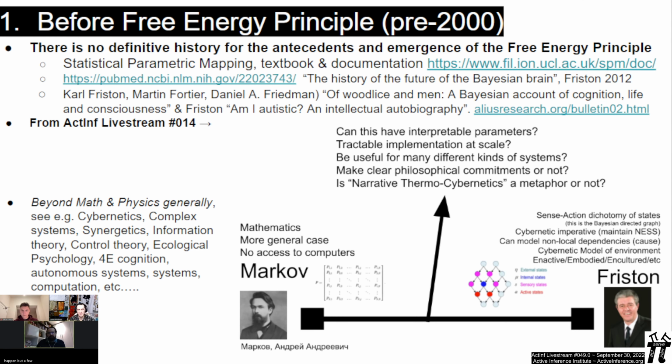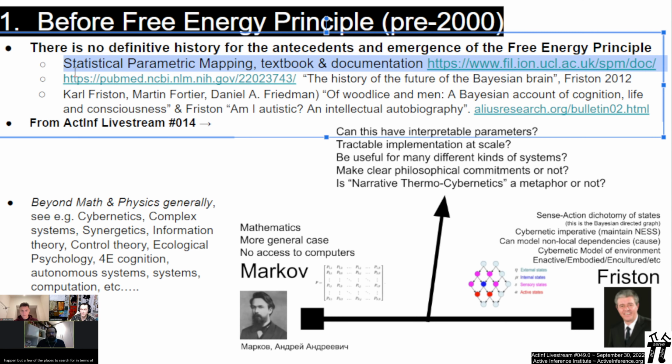But a few of the places to search for in terms of the personal history of key contributors, and also places where peripheral contributions and important foundational precursors are described. Some places to look include the statistical parametric mapping textbook and documentation, and the decades of research that went into the neuroimaging work on SPM, as well as a Carl Friston 2012 article, The History of the Future of the Bayesian Brain, and an interview with Carl Friston on wood lice and men, as well as the auxiliary supplement to the above interview, Am I Autistic?